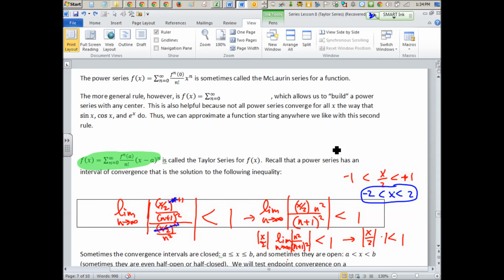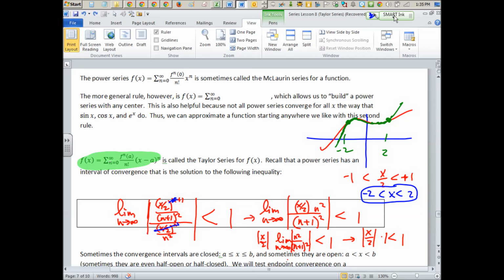What this means is if you construct a power series for that awkward function, it only matches its curve between negative 2 and 2. Unfortunately, it's not a perfect match for the whole curve. It's just that little four-unit window there. We often say that the radius of convergence is 2. If f is some crazy function, the power series matches well if you use lots of terms, but only on this interval, this little window.